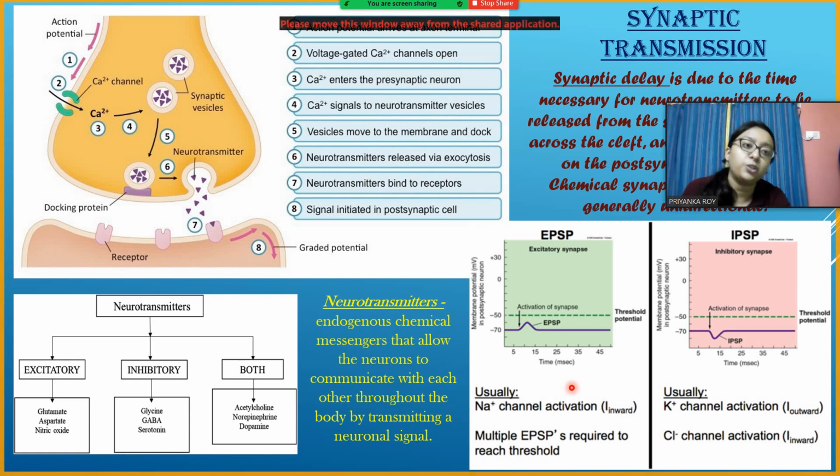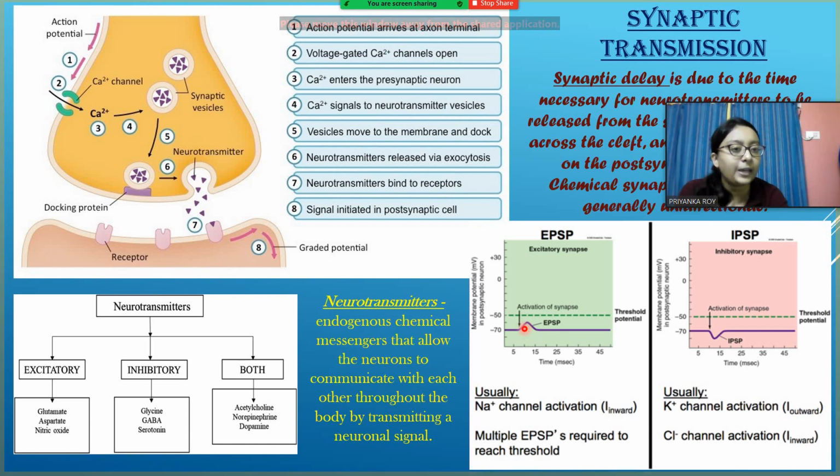A large accumulation of positive ions inside the cell changes the membrane potential from negative towards the positive side. But as you can see here, that change is not much, it will not cross the threshold potential, but there will be a certain rise in the potential. This is known as the EPSP, excitatory postsynaptic potential.